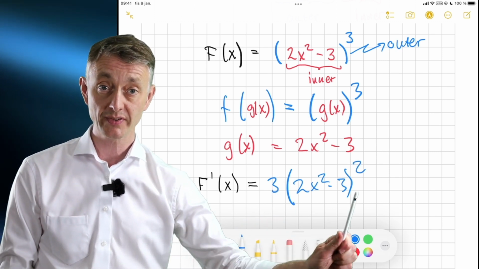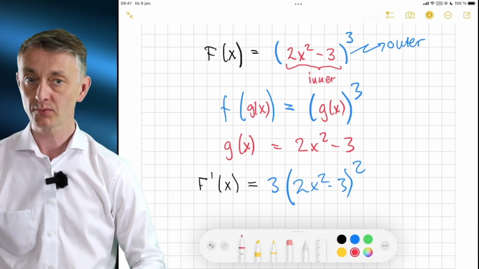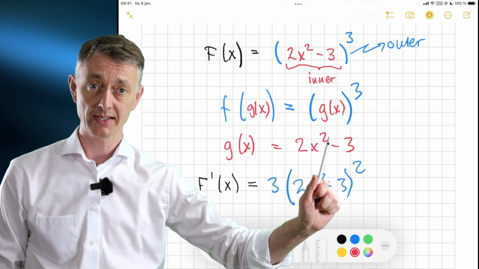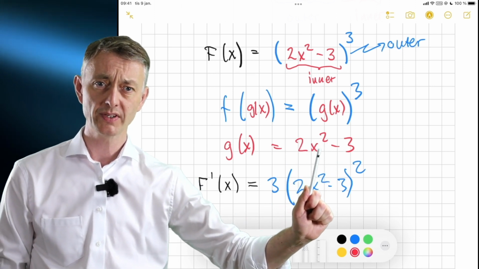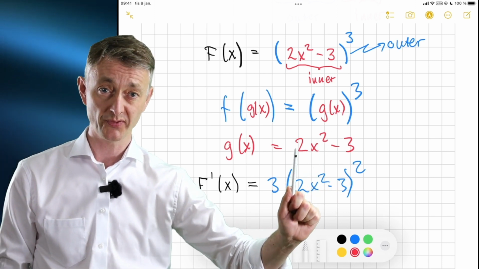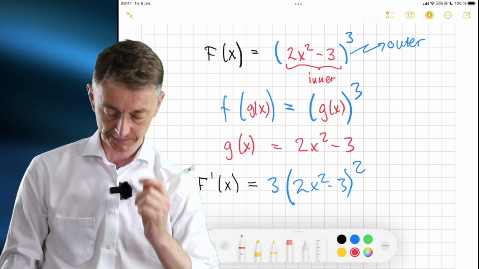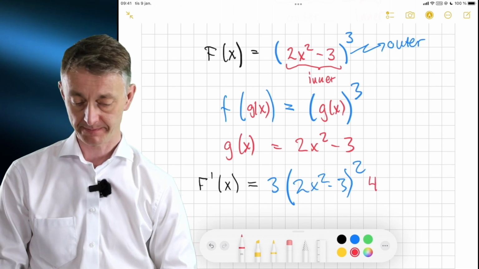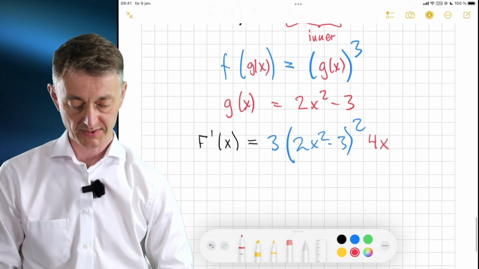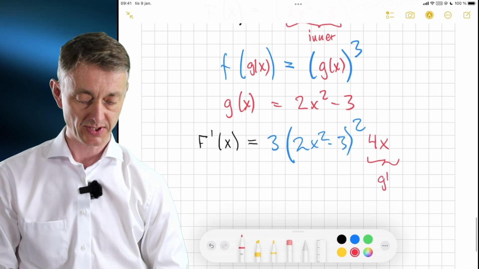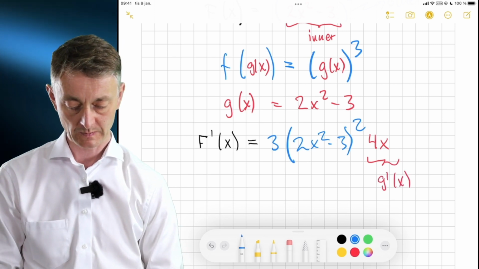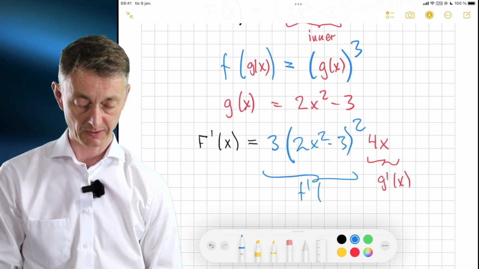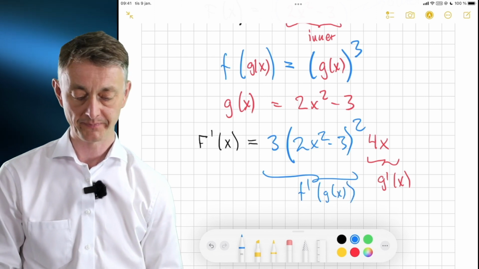That is the outer derivative. And what is then the inner derivative? Looking at this function here, 2x squared minus 3. Well, the derivative of this will be 2 times 2 is 4 times x to the power of 1. So it's simply 4x. So this is g prime of x, and this is f prime of g of x.